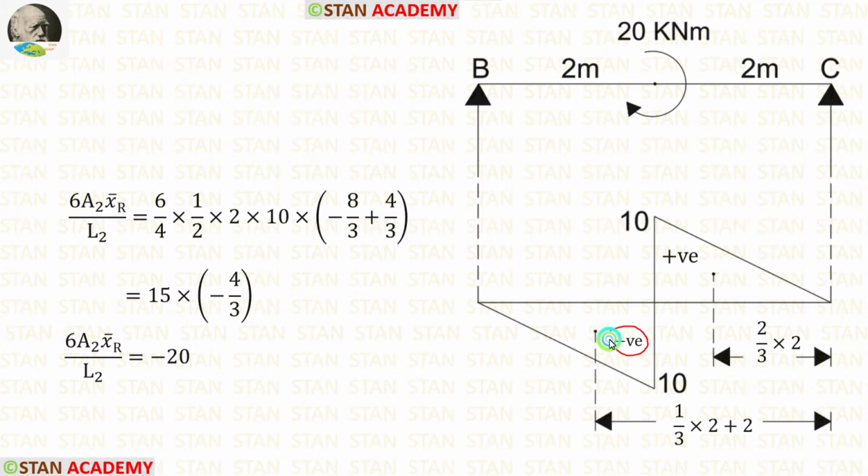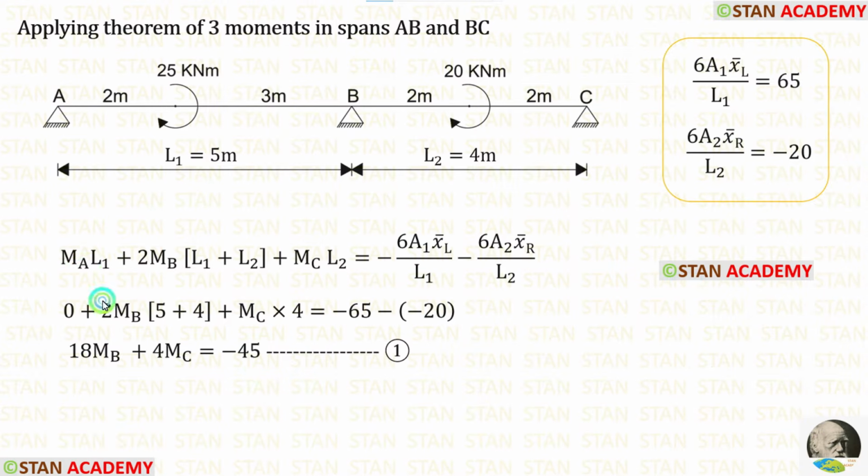Since it is negative, we have to apply the centroid as negative. Then let us calculate the centroid for this triangle. The formula to calculate the centroid is 2 upon 3 into breadth. Using that we are getting 4 upon 3. After the calculations we are getting minus 20.